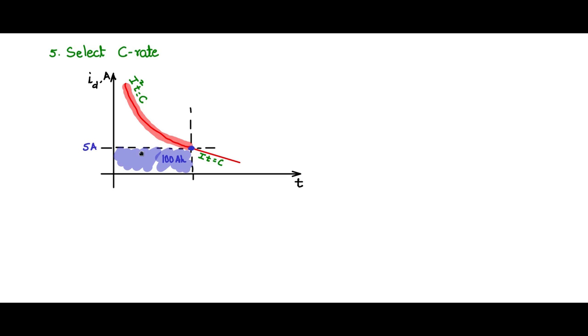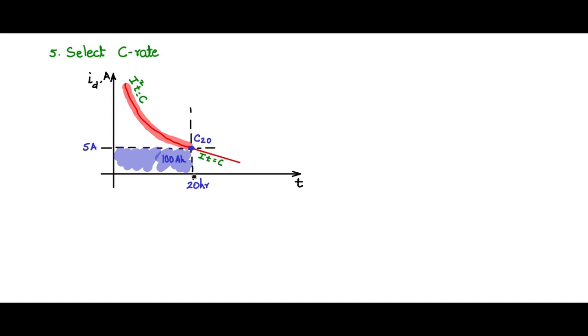This is the discharge current, 5 amp, and for 5 amps we have some discharge time, 20 hours. So for 20 hours we have 5 amps flowing, resulting in 100 ampere hours passed on to the load, and we can say this is a C20 rate battery operating in this fashion.